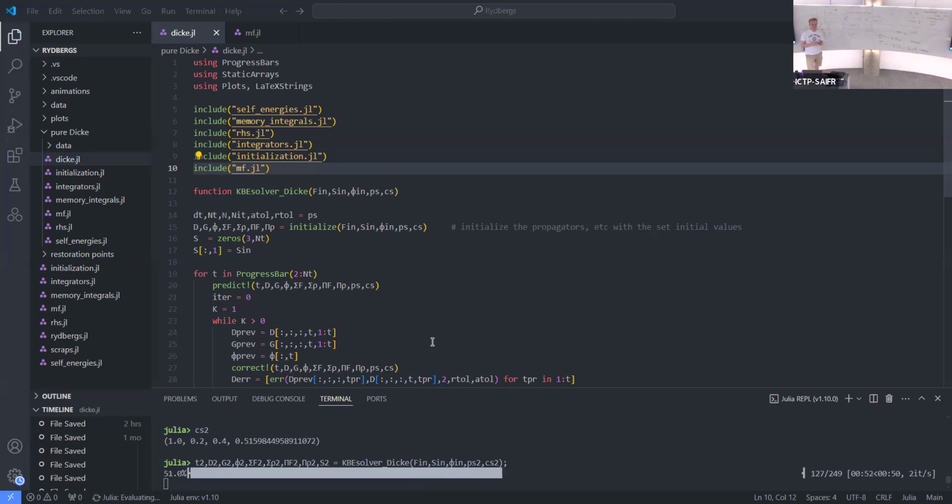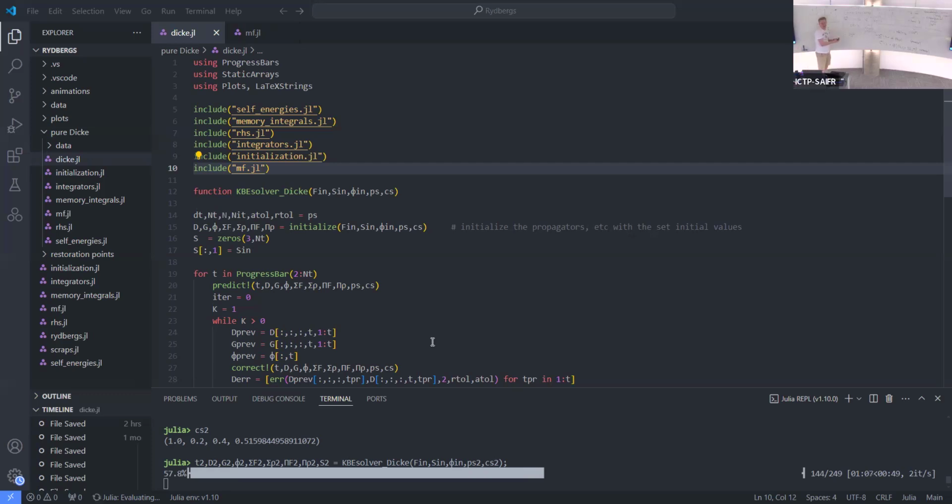Like some finite value. Yes, we expect a finite value, because we are above the phase transition. So we are in the superradiant phase.